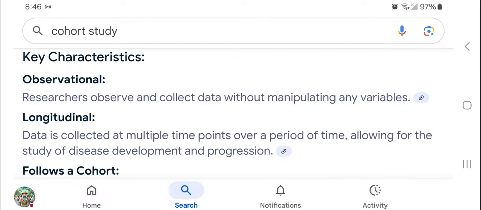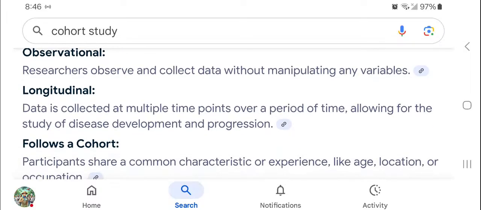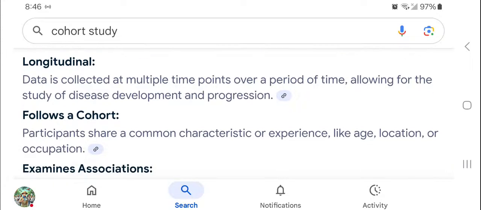Observational: researchers observe and collect data without manipulating any variables. Longitudinal: data is collected at multiple time points, for example over 10 years, which allows the study of disease development and progression.